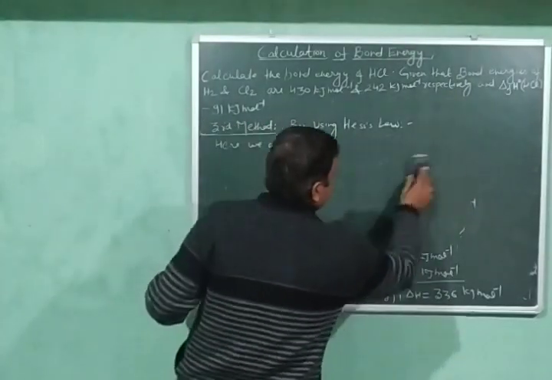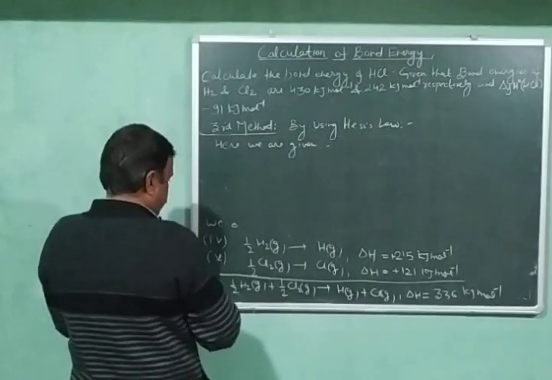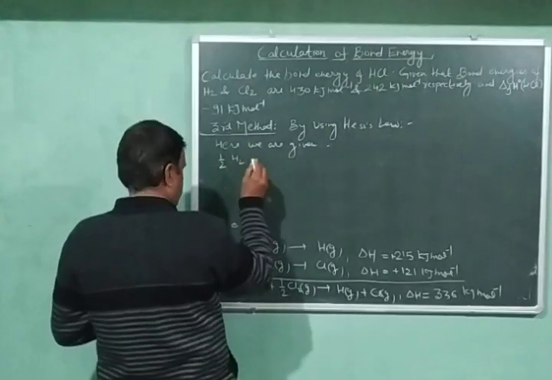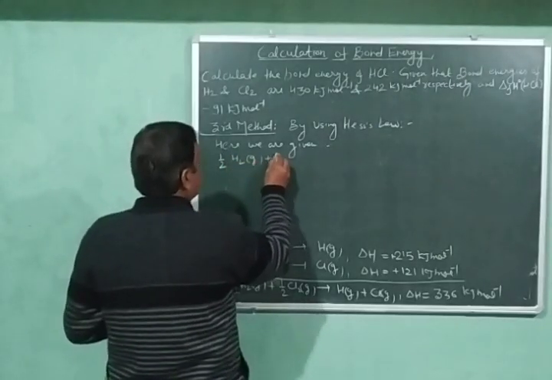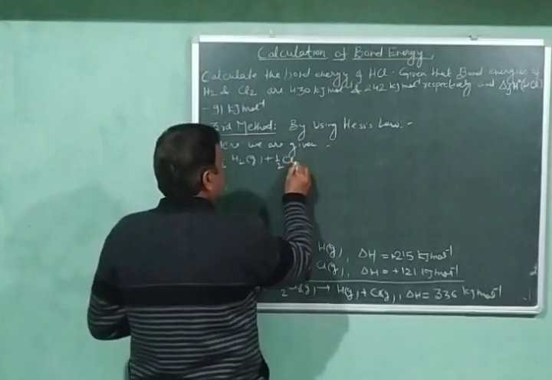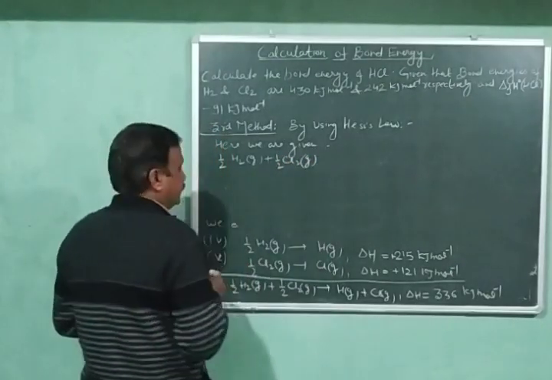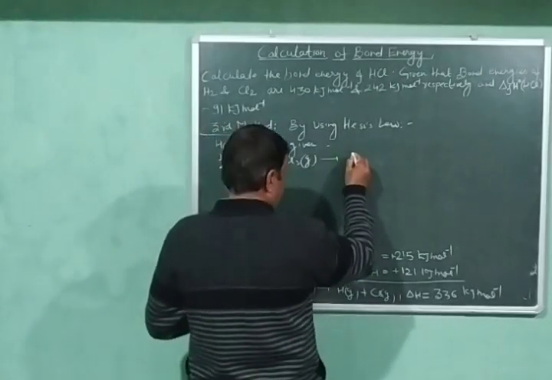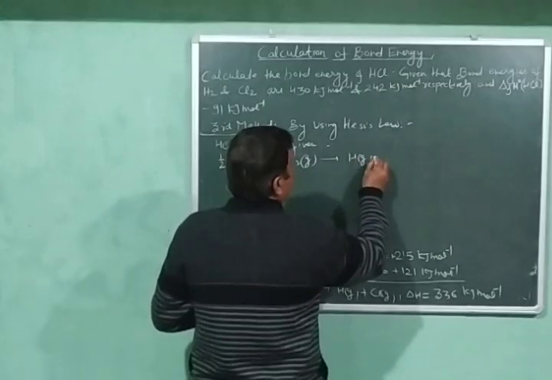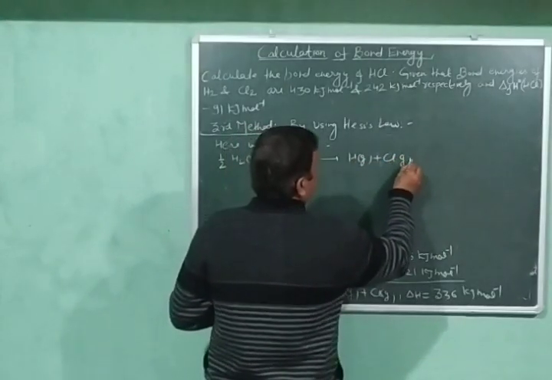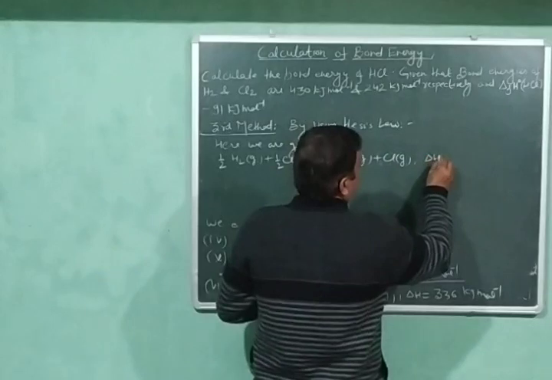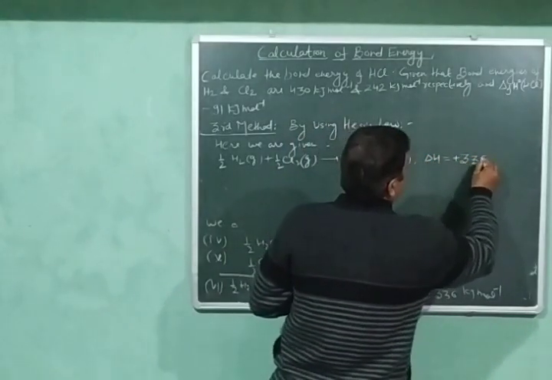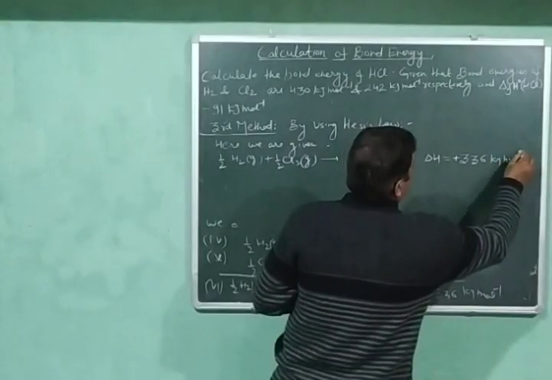So let us write this equation number 6 again, that is half H2 gaseous plus half Cl2 gaseous, that is half moles of each, giving us 1 mole of hydrogen atoms gaseous and 1 mole of chlorine atom gaseous, and delta H is equal to 336 kilojoule per mole.